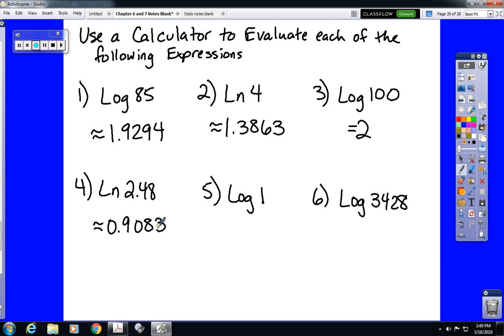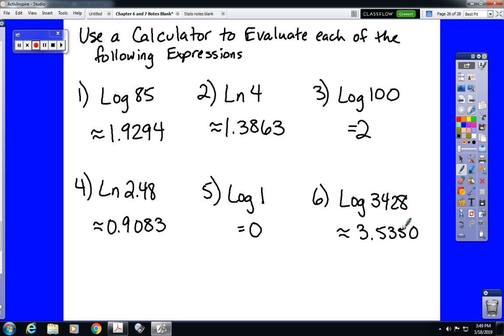For the log of 1, you should have 0 exactly. And for the log of 3,428, you should have 3.5350. So again, take a second, check your answers, make sure you have them correct.